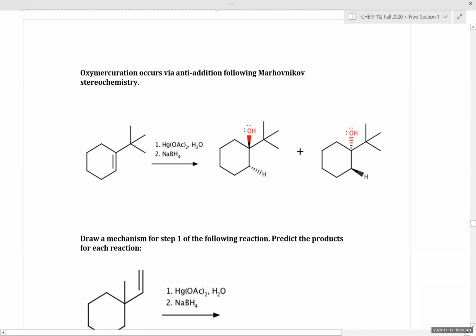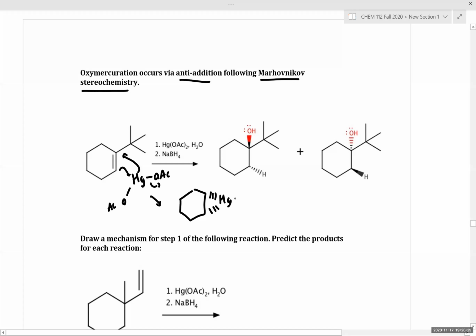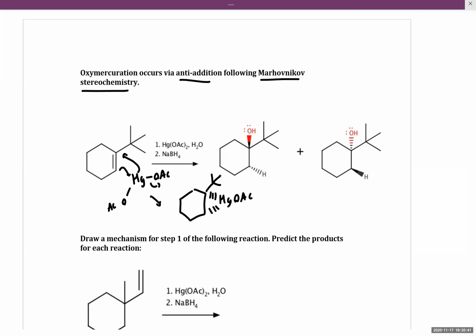Okay. So oxymercuration overwhelmingly occurs via anti-addition following Markovnikov regiochemistry. So just to highlight the steps once again, first we coordinate mercury and we generate our mercurinium ion. This can occur at either the top or the bottom face. It doesn't matter. Both faces are equivalent. What does matter, however, is our subsequent attack.